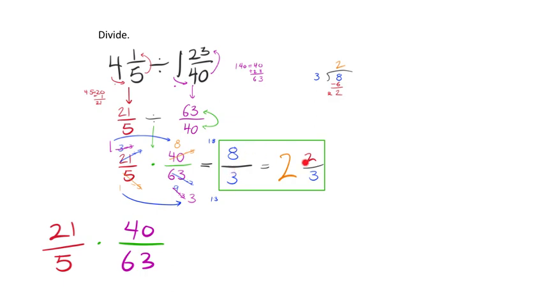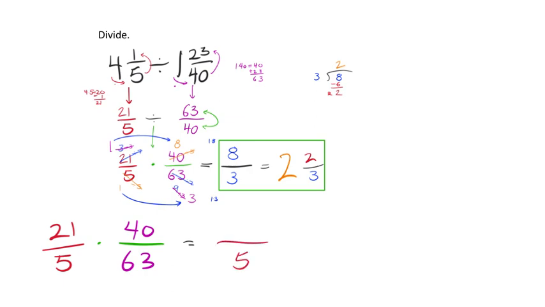This 8/3 has exactly the same value as 2 and 2/3, but it's a different format. Not a big deal. So what we do is we take these 4 numbers as best we can, and show them differently. Now the 5, there's not really anything I can do with the 5. The 5 is 5.